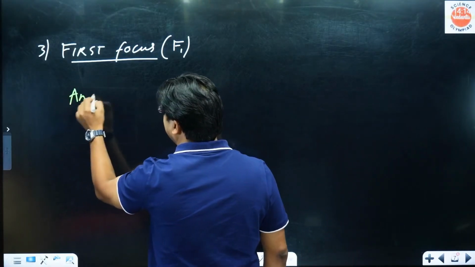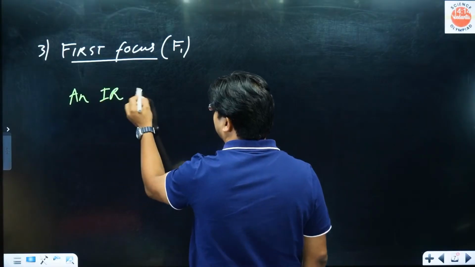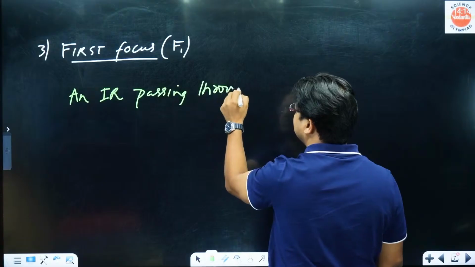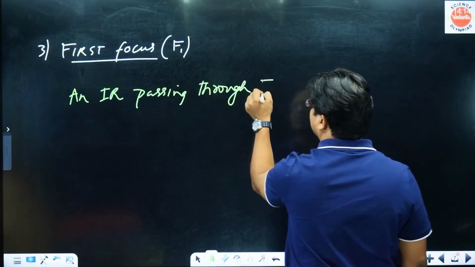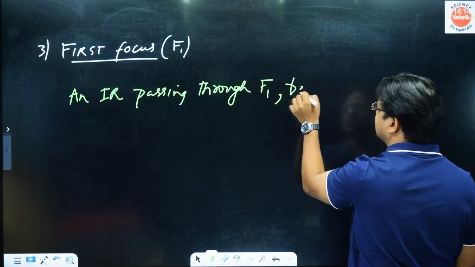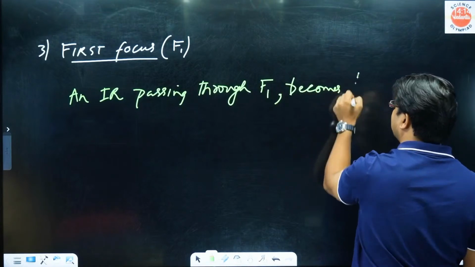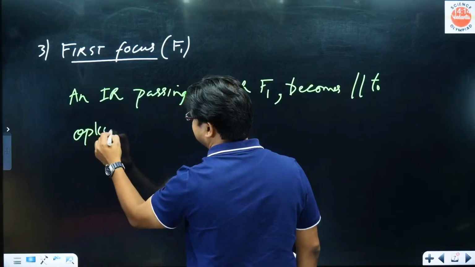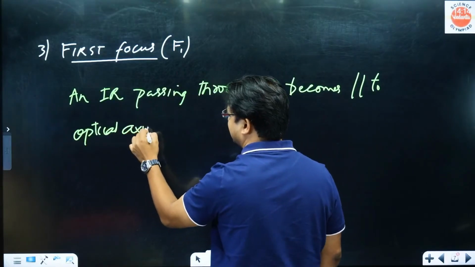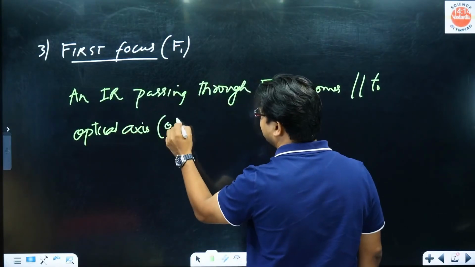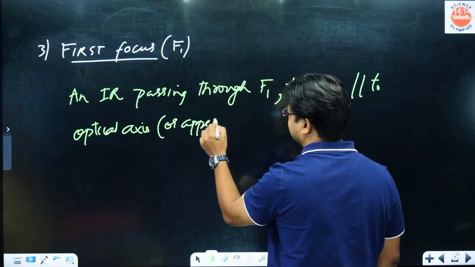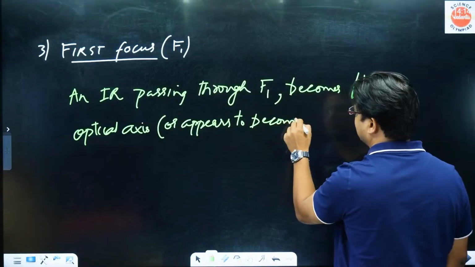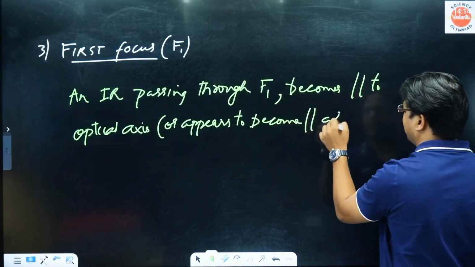An incident ray passing through F1 becomes parallel to the optical axis, or appears to become parallel, after refraction.